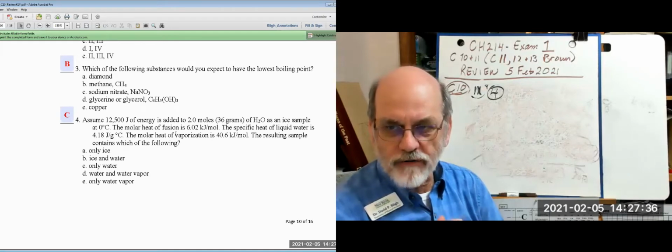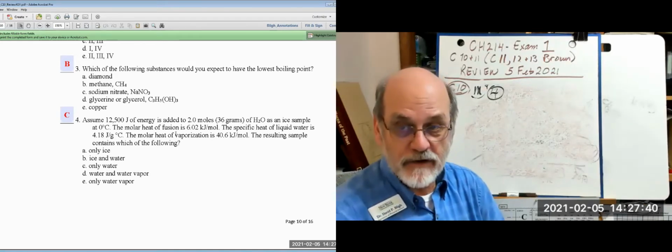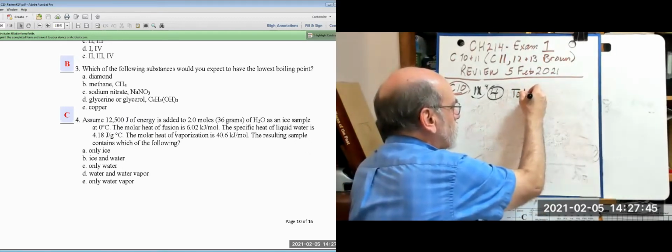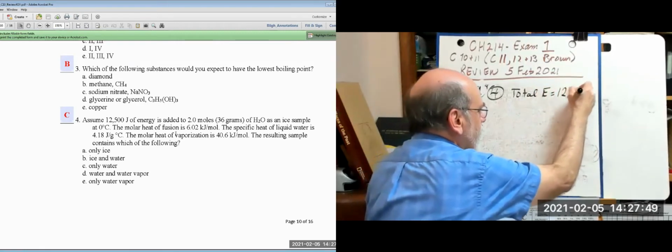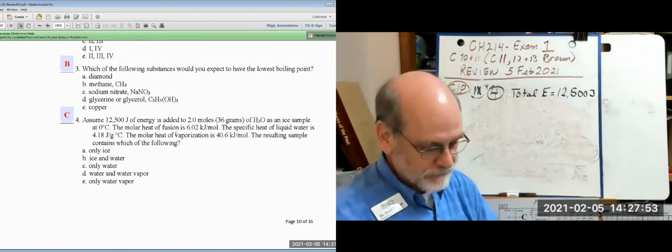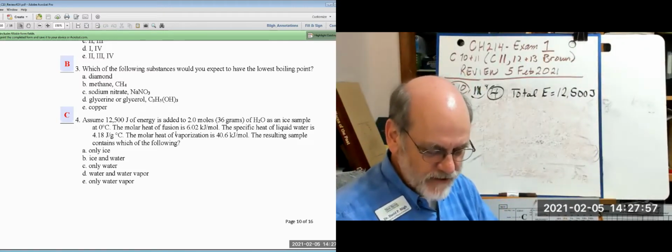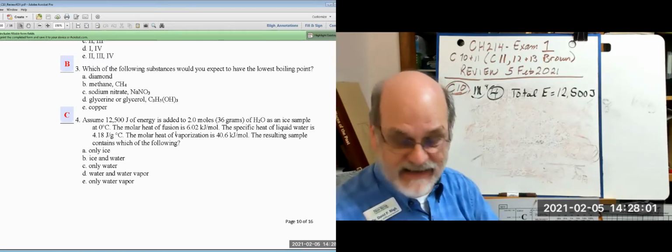Number 4. This is going to require some calculation. Say you start off, you have at your disposal 12,500 joules. So you have total energy available is 12,500 joules. Right? And you're going to add that to a sample of water as ice.